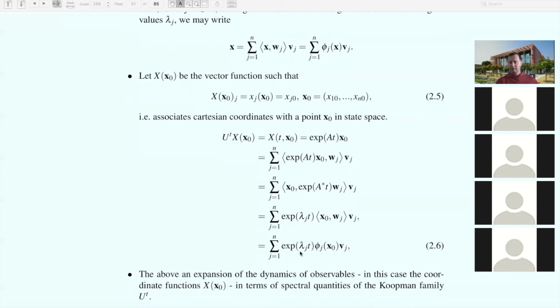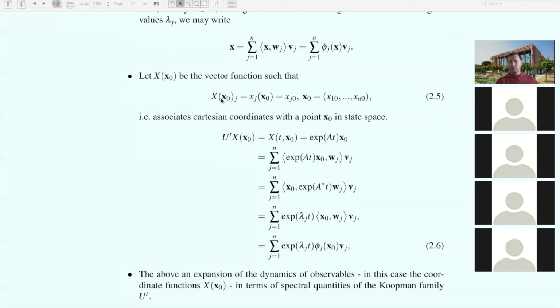Lambda j is associated with the operator. Phi j is associated with the operator. But v_j is actually not. That depends on the observable that we chose.